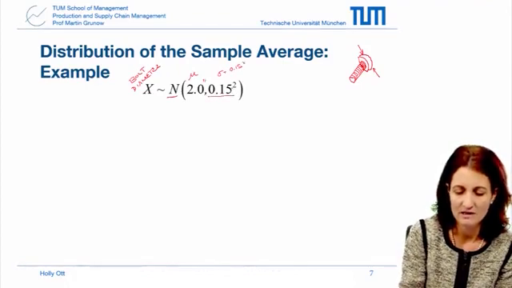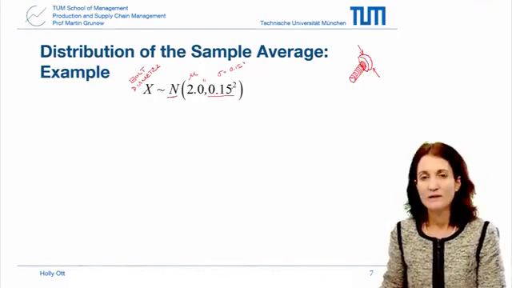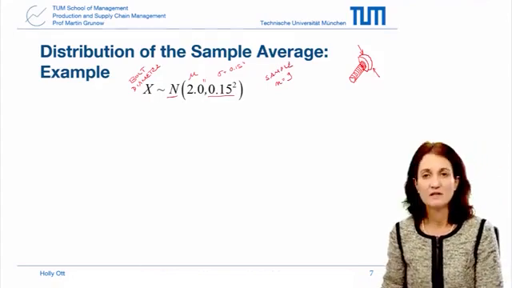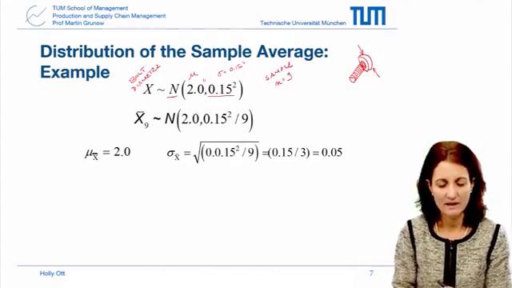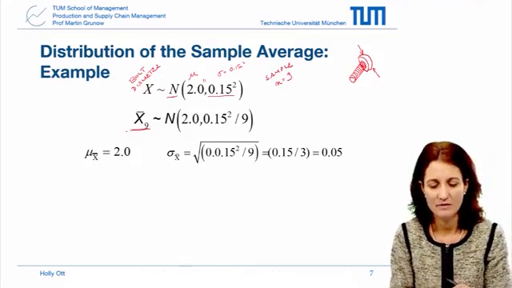So the variance is 0.15 squared. Now, we take a sample of size n equals 9 of our diameters, and we calculate the average of that sample.